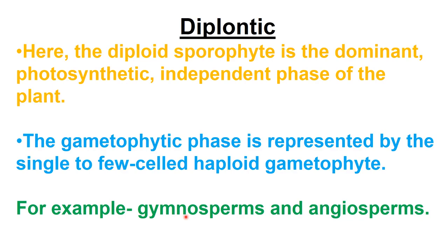And their gametophytic phase is represented only by a few cells, like inside the flower male and female sex organs are present, and inside those the embryo sac, and inside the male organ pollen grains are forming. Only that structure is representing haploid gametophyte of these plants.